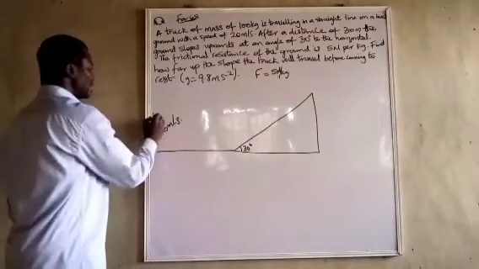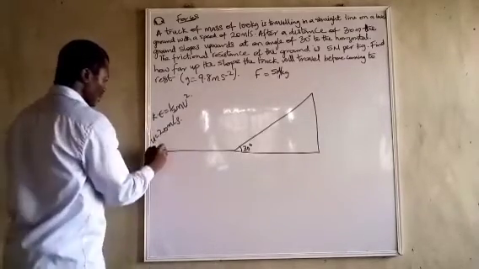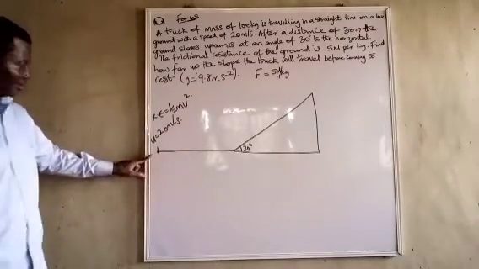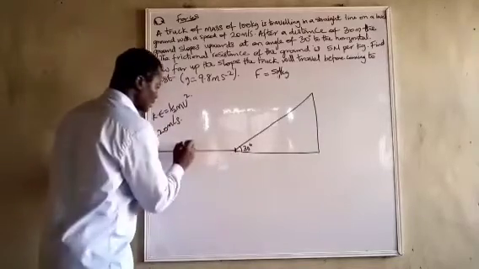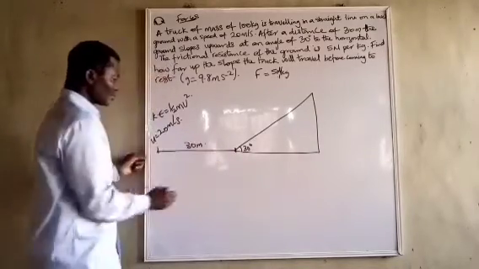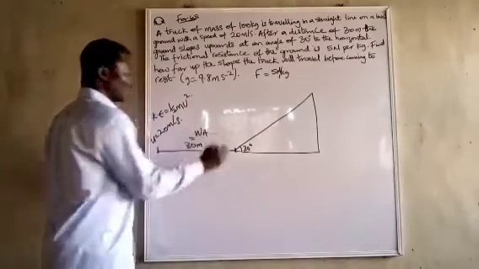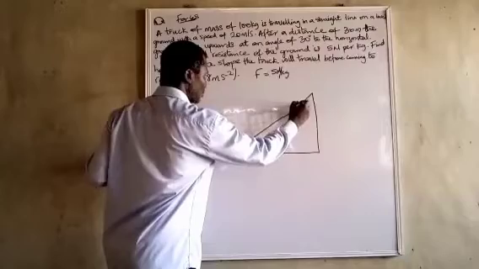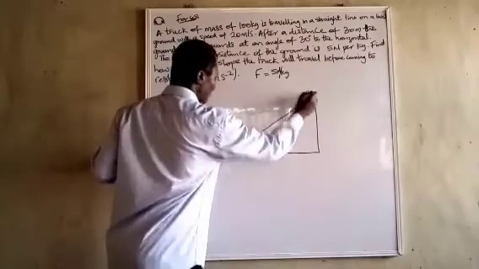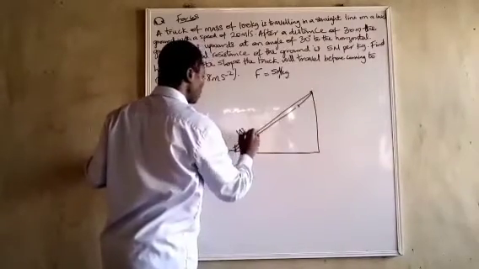Therefore, we have KE of half mv squared here. Now, this kinetic energy, we use part of it to overcome the frictional force on this distance, 30 meters, and let's call that WA. We still use part of it to overcome friction along this distance, S. Let's call that WB.